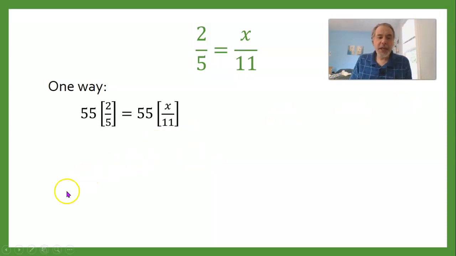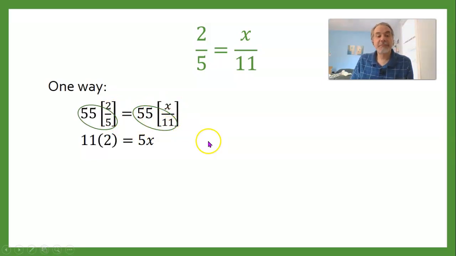The point of doing that is now 55 over 5 is just 11, and 55 over 11 is just 5, and there are no fractions left. It's just 11 times 2 equals 5 times x.